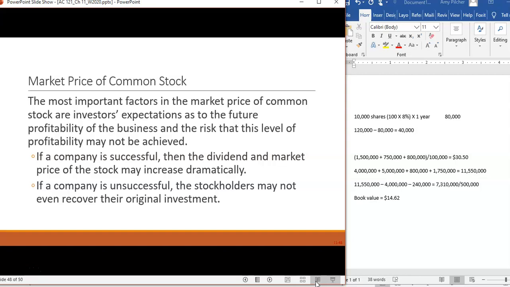So what might happen is we might have had a sale price of $25 of stock. So that's how much I paid for my investment. For example, I could have bought a piece of Amazon stock and paid $25 a share for it. And then if we look at the market price of Amazon stock, the last time I checked, it was selling for around $1,500 a share.